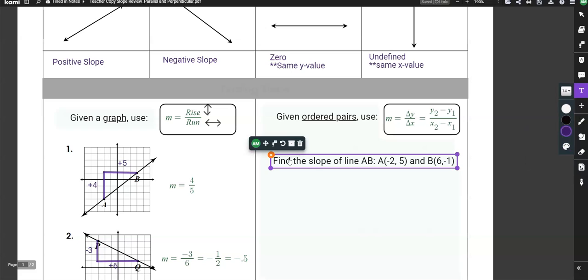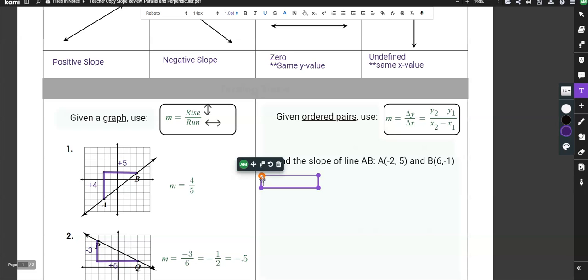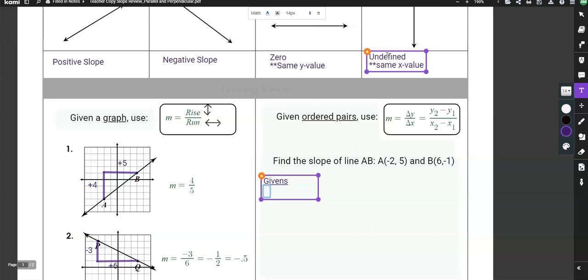All right, so we have find the slope of line AB, which is A at negative 2, 5, and B is at 6, negative 1. So again, as usual, we're going to start by listing our givens. And that means I need to choose an x1 and a y1. Again, I'm going to use the point that is the furthest to the left, or the one they give me first.